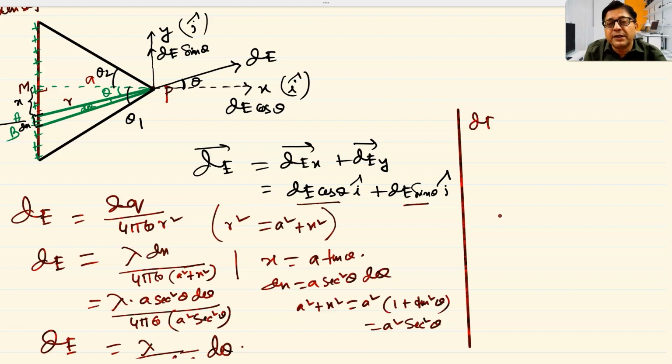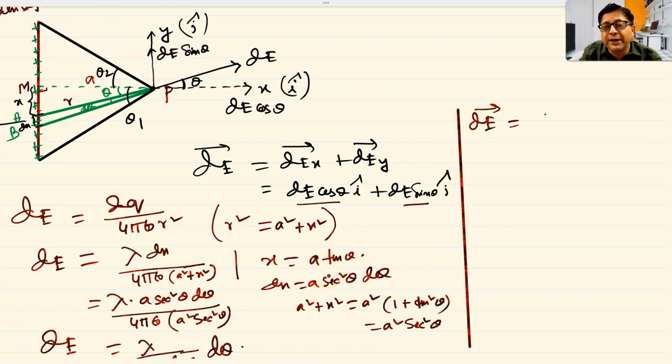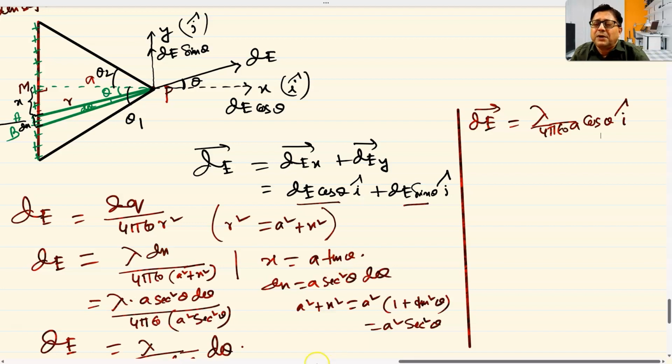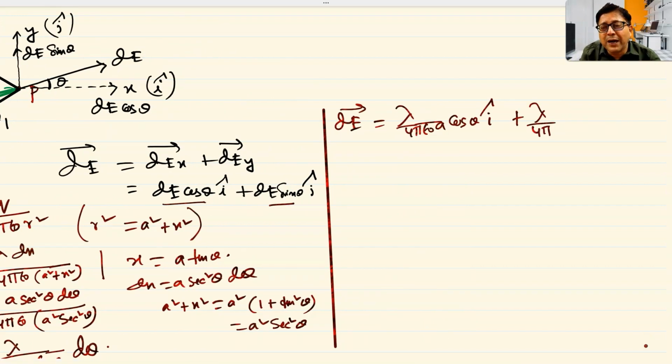So dE vector is lambda by 4 pi epsilon-0 a cos theta d theta i cap plus lambda by 4 pi epsilon-0 a sin theta d theta j cap. Okay?